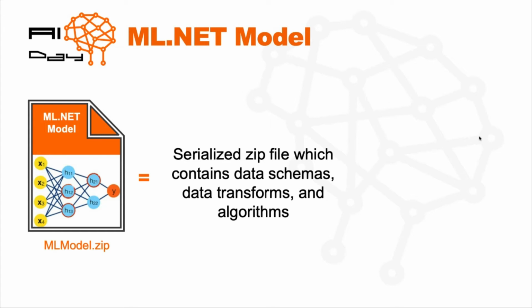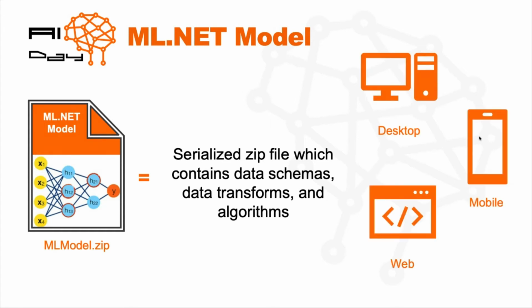This model is a serialized zip file that contains some of the information that I just mentioned: data schema, data transformation, and algorithms. And you can build different types of applications that use this model.